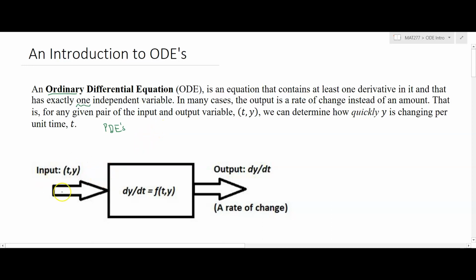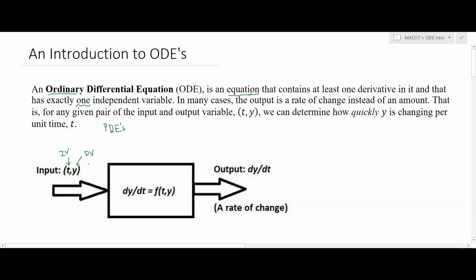In terms of how this works as a function, an ordinary differential equation is typically a function where you have one independent variable, which is typically referred to as t, or time, in a lot of instances, and then your dependent variable is y.